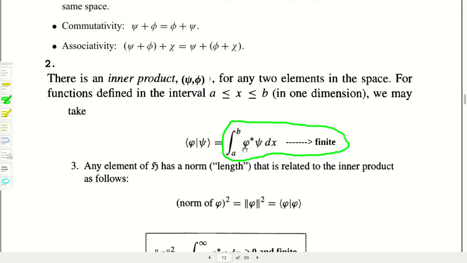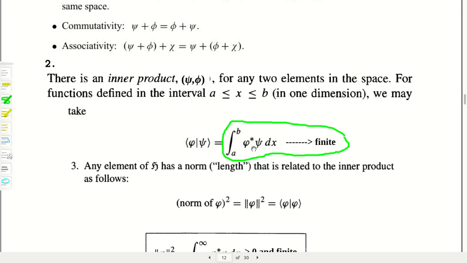Okay, so physically this integration means the projection of the function phi on psi. We are not able to draw this, because first of all this is an n-dimensional space and it is a function, not a vector.